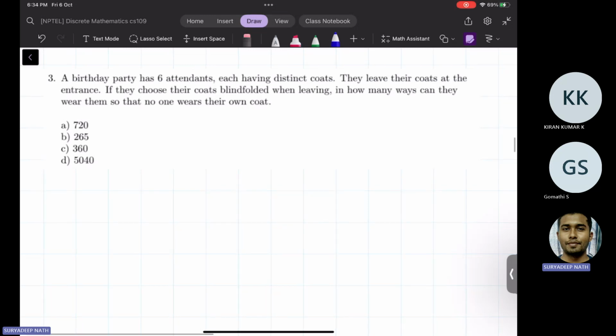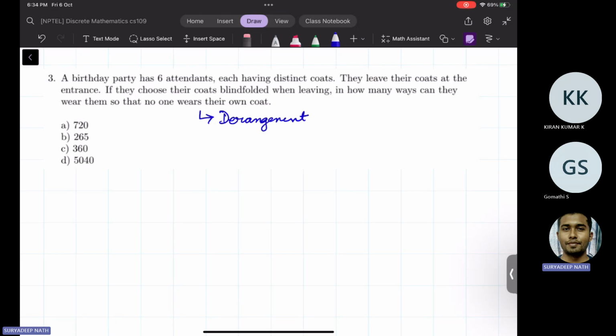It is a classic derangement problem. We have to find the number of derangements. Most of you who have seen the lectures know how it is calculated, but just for completeness, I will briefly discuss how it is derived.